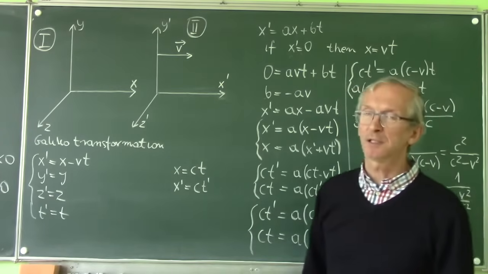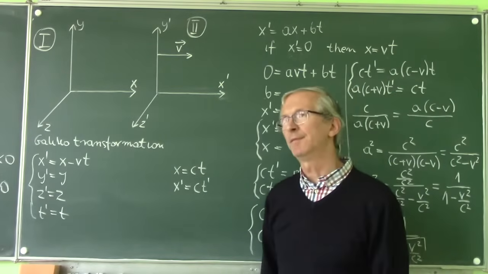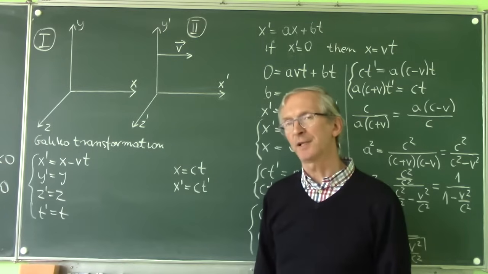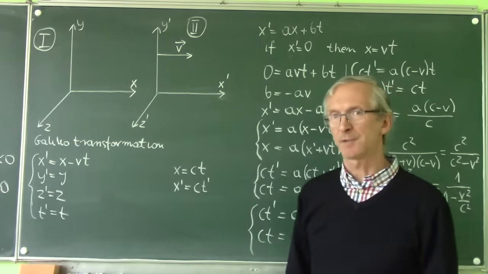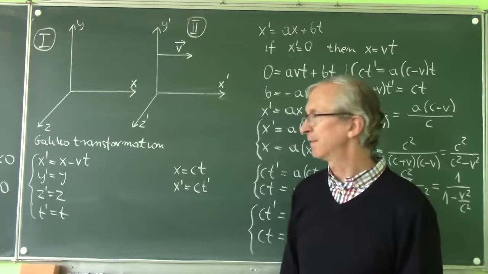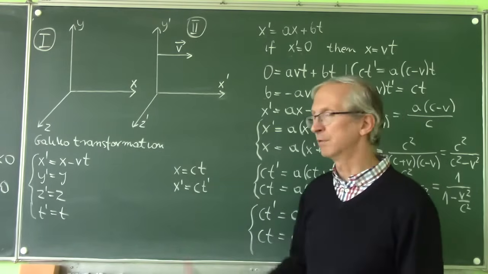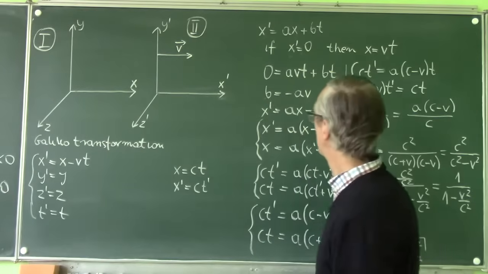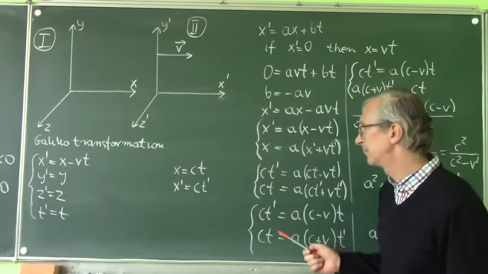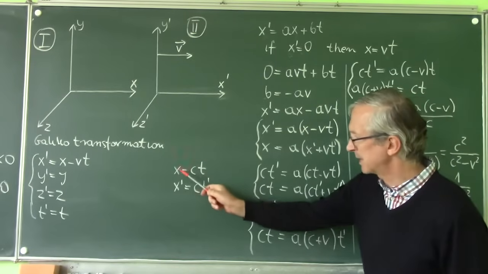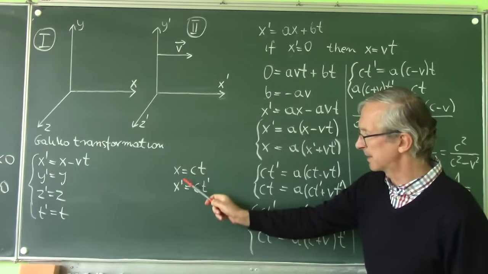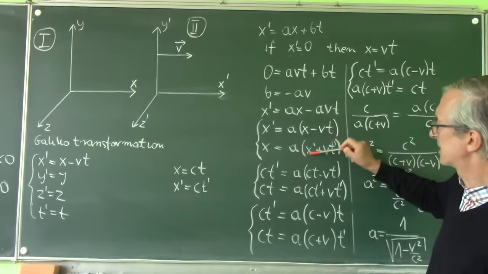It is because the speed of light in all inertial frames of reference is the same, equal to c. Then it's enough to put these values x and x dash to these two equations.